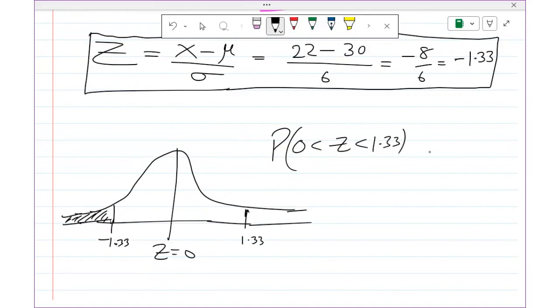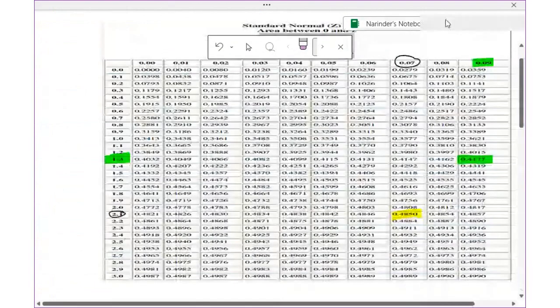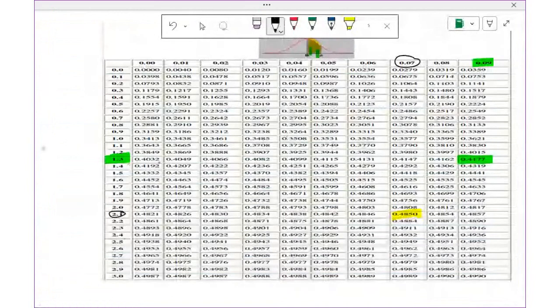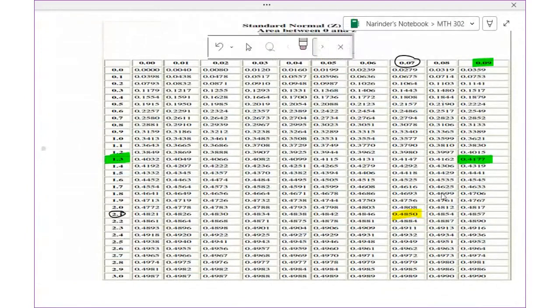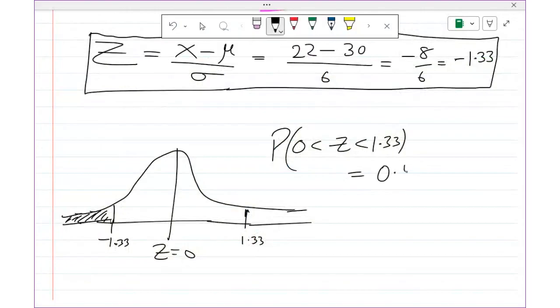This probability is 0.4082. This will be given in the paper, and then they will ask you, in the question, to find the probability that x is less than 22.